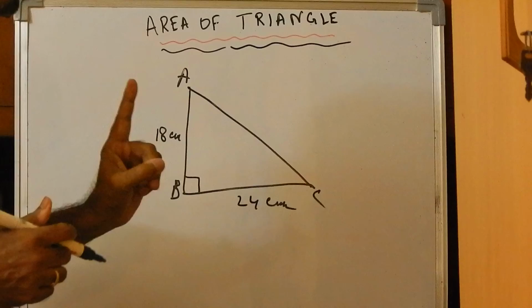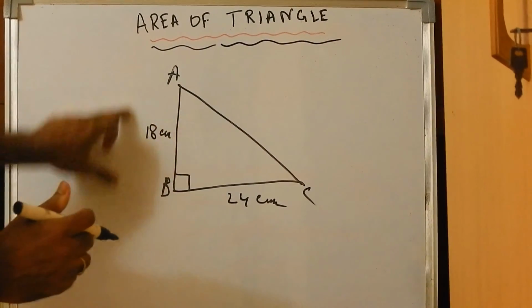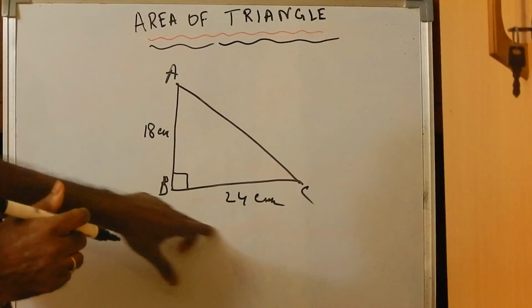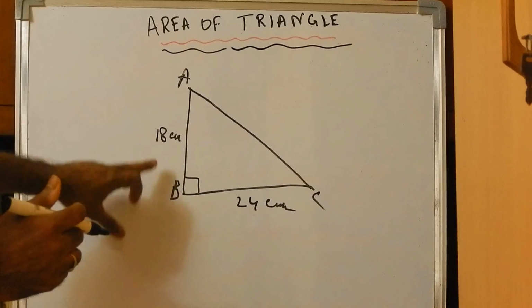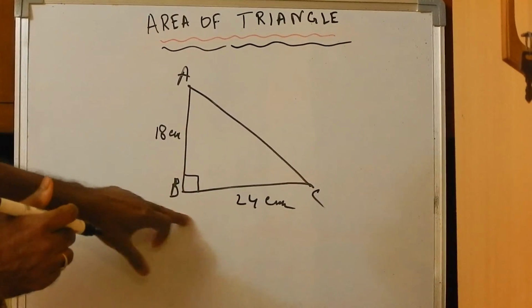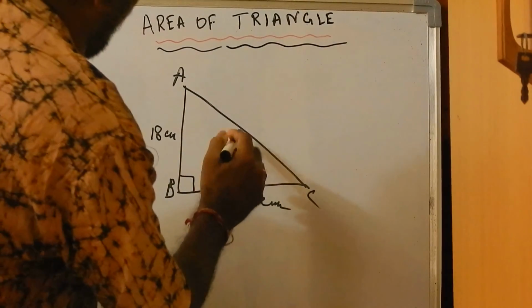ABC is a right angle triangle where B is the right angle, AB is the perpendicular, and BC is the base. AB's value is given as 18 centimeter and BC's value is given as 24 centimeter.